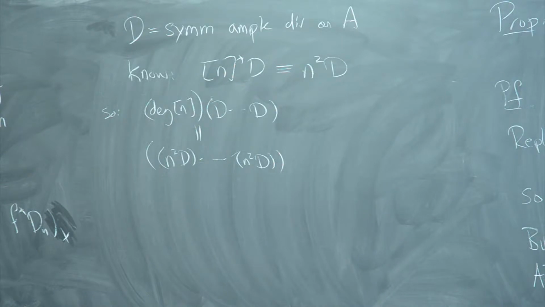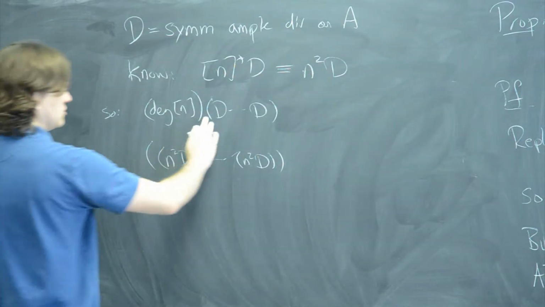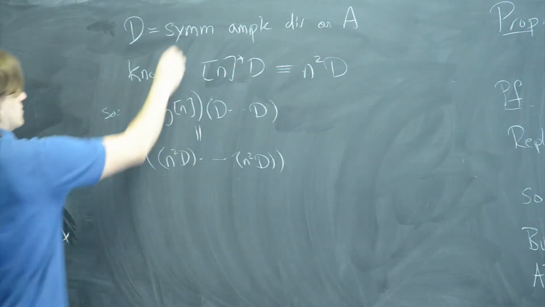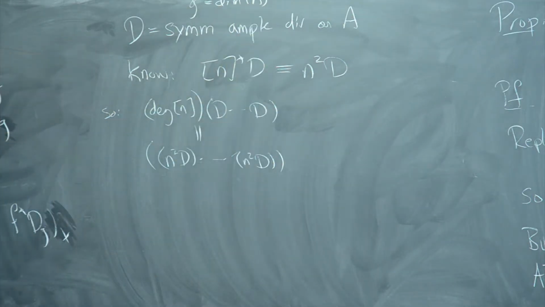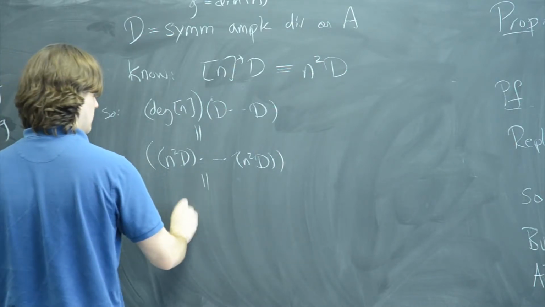Oh, sorry. Maybe it's better if I call the dimension g, because that's what I'm doing for abelian varieties. So there's supposed to be g of these divisors. And so I'm doing the self-intersection g times here. g is the dimension of A. So this intersection product is multilinear. So the n squareds pull out, and there's g of them. So you get n to the 2g out front.